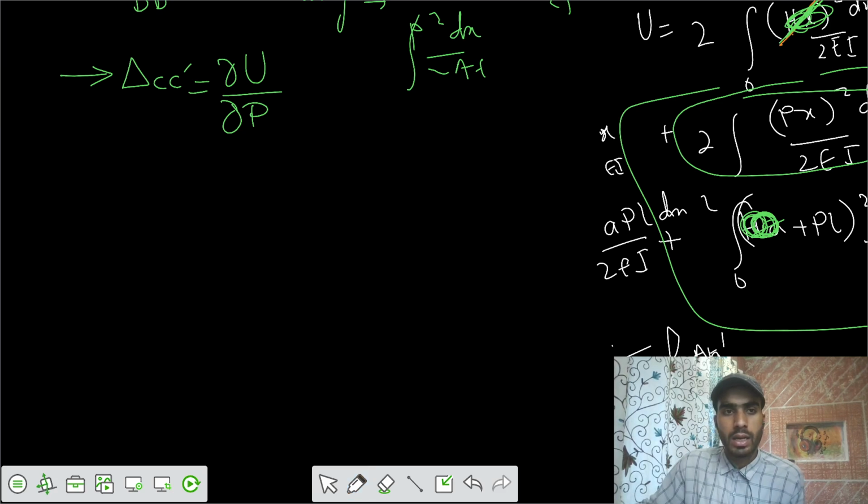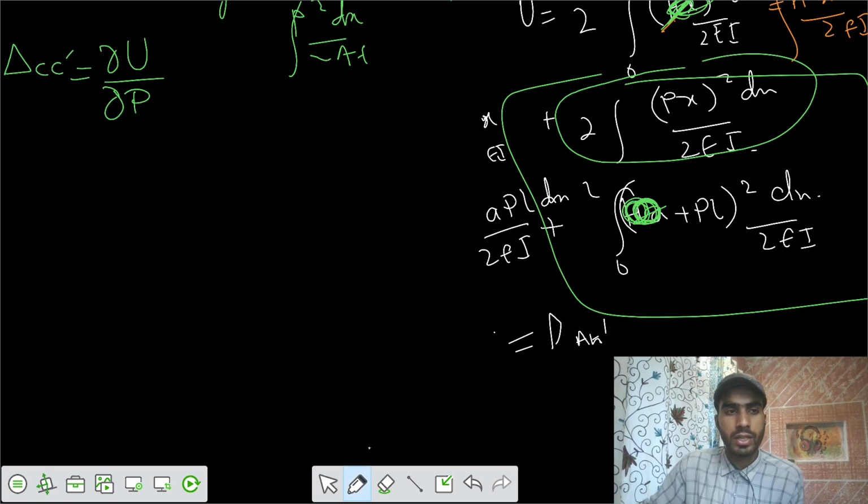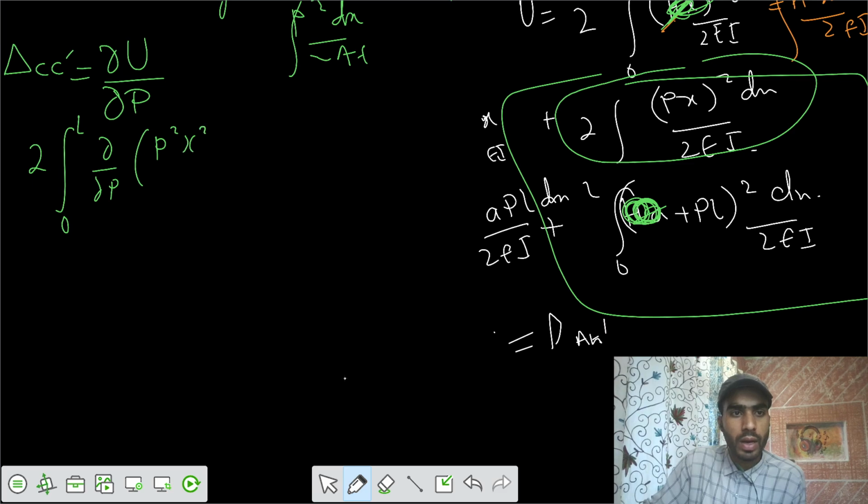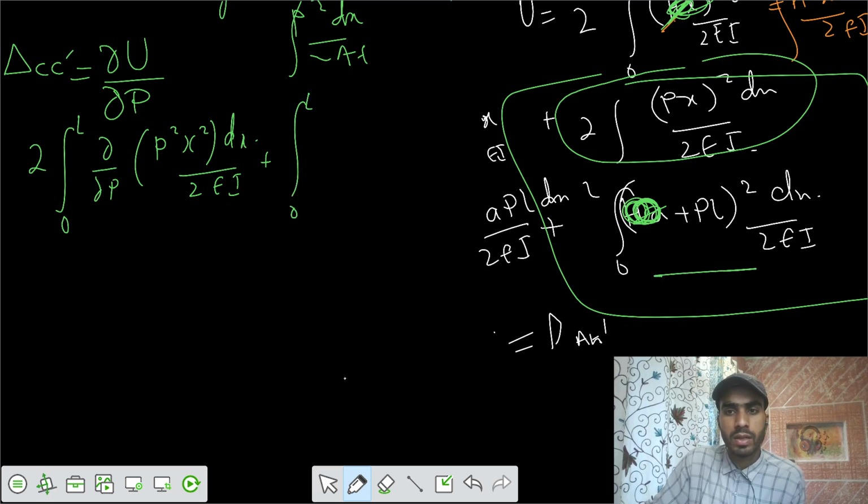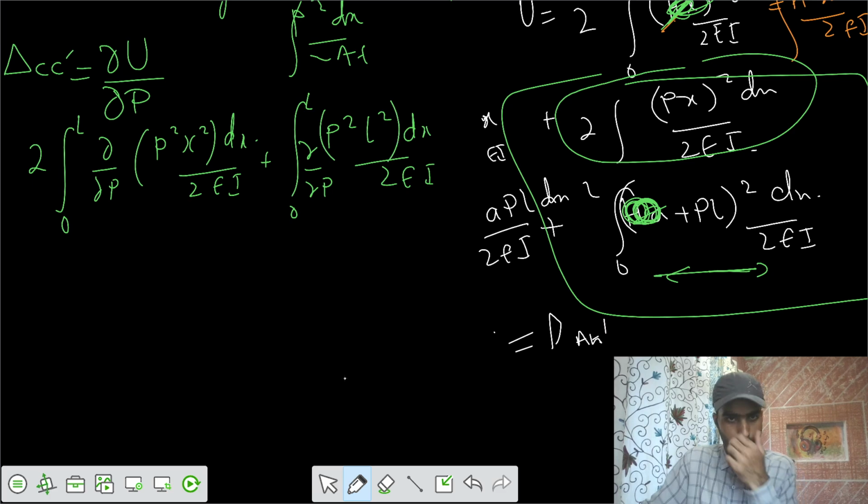So if I differentiate the total strain energy, we can write this as 2 times the integral from 0 to L of ∂/∂P of P²x² dx by 2EI. Similarly, plus 0 to L in the part B dash, P²L² dx by 2EI, and you differentiate it ∂/∂P. So we can get some value.